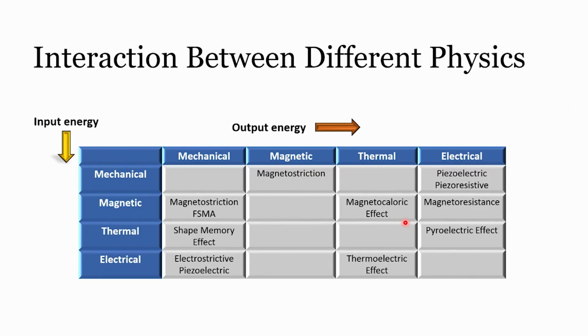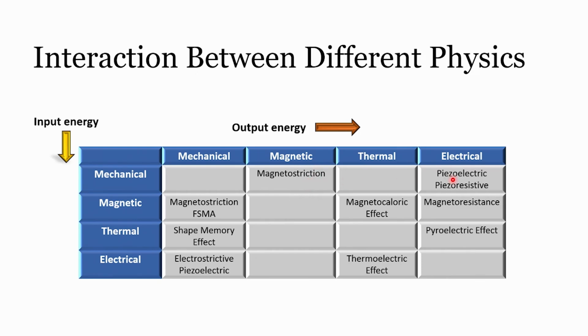So if you see this slide, on the left side we have input energy, and on the right side we have output energy. If your input is mechanical force, or it could be converted into stresses, and you take the output as magnetic energy, that effect is known as magnetostriction.